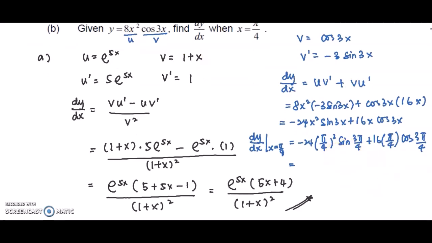If you can give your answer in decimal number. So if you're going to use this pi to put in your calculator, you will remember to change your calculator mode into radian mode. Then finally you get a negative 19.35. Or you can give your answer as a negative 19.4, to three significant figures.